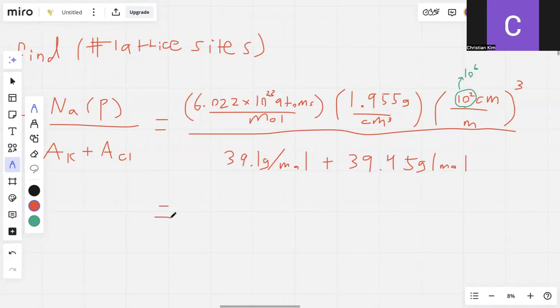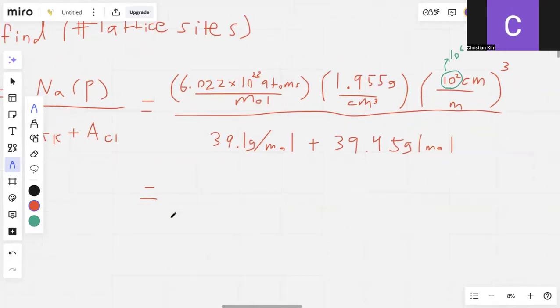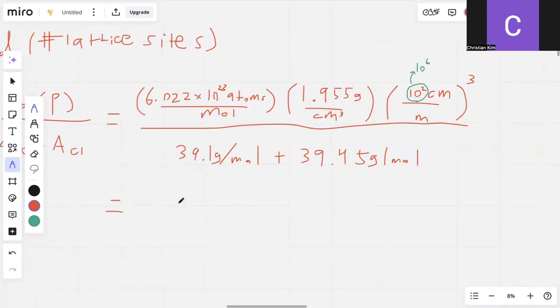So once I put everything into my calculator, I should be getting 1.58 times 10 to the 28th lattice sites, I'm just going to put lat for short, per meter cubed.